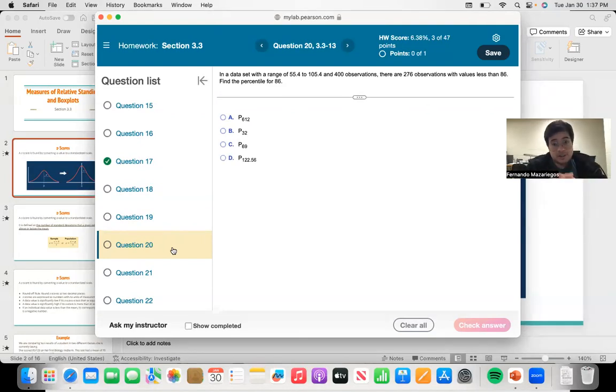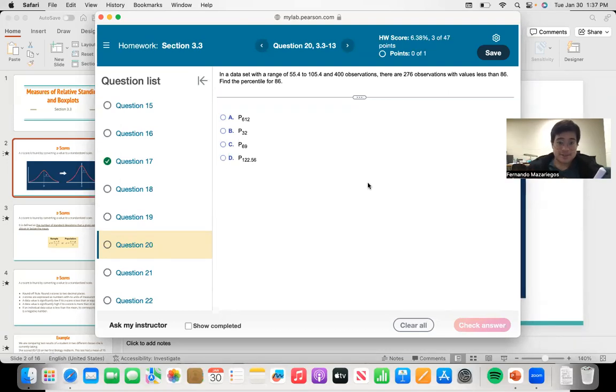So remember, the percentile for this number is what percentage of data values are below that one. So in this case, we have 276 observations below the value 86. So to find that proportion, we take the 276 and we divide by the total, which is 400.